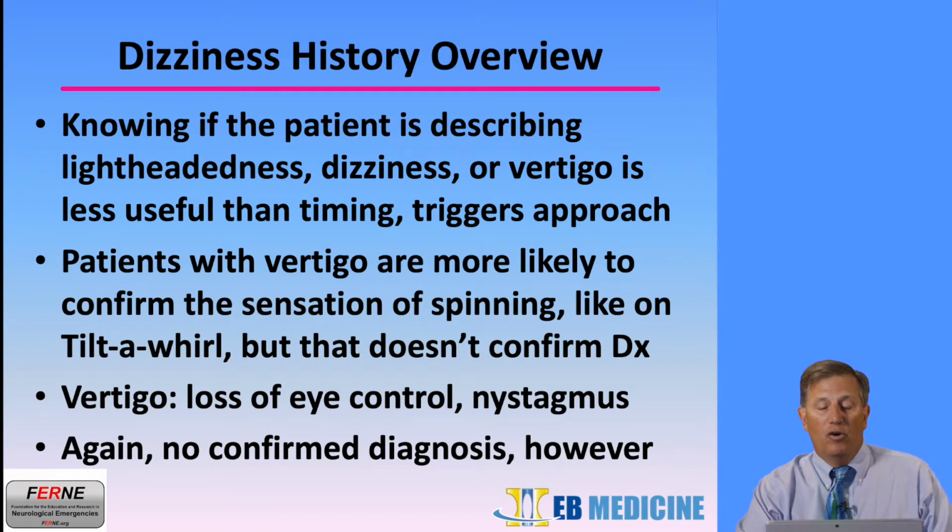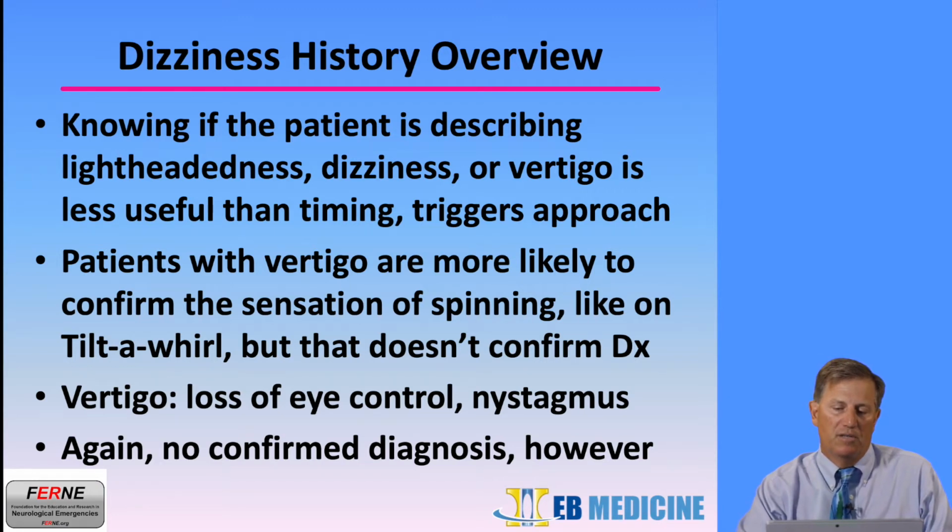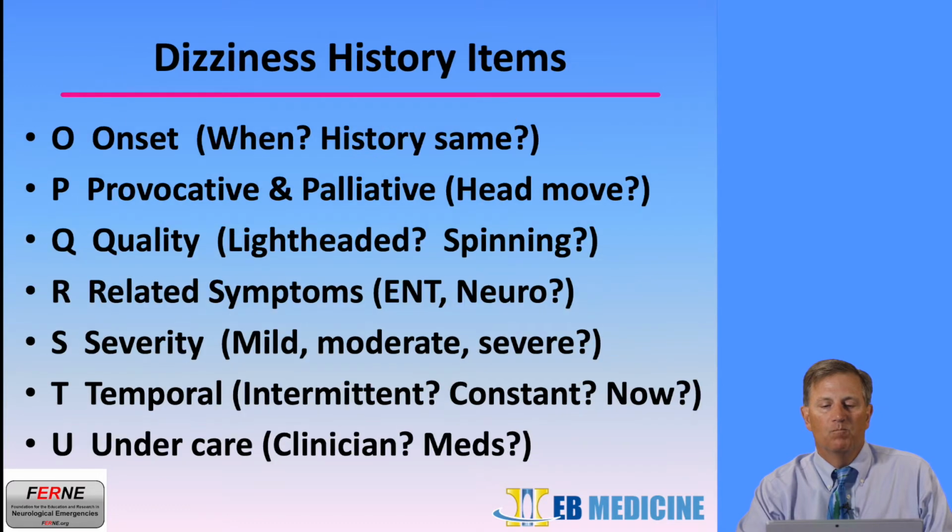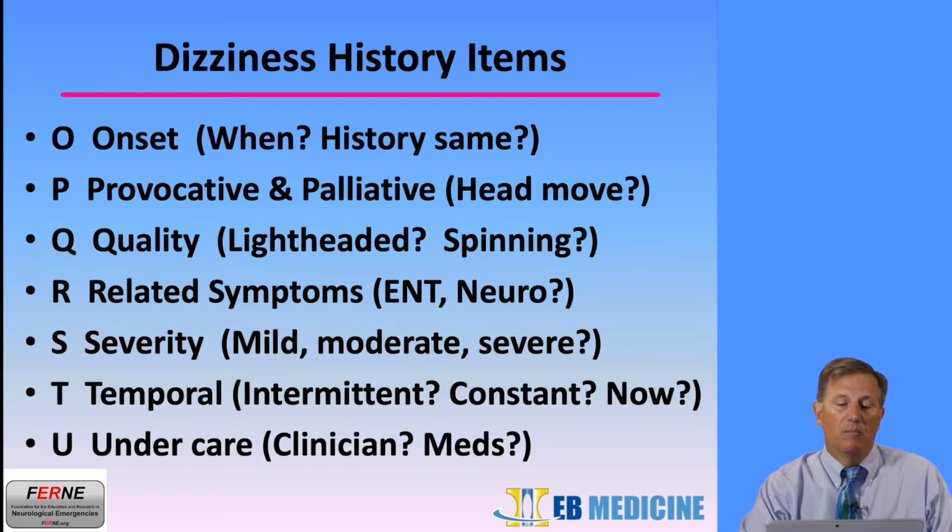So we know with vertigo there's some loss of eye control and usually nystagmus, but again, this does not confirm any particular diagnosis and is less useful than the timing and triggers approach suggested by Dr. Edlow.